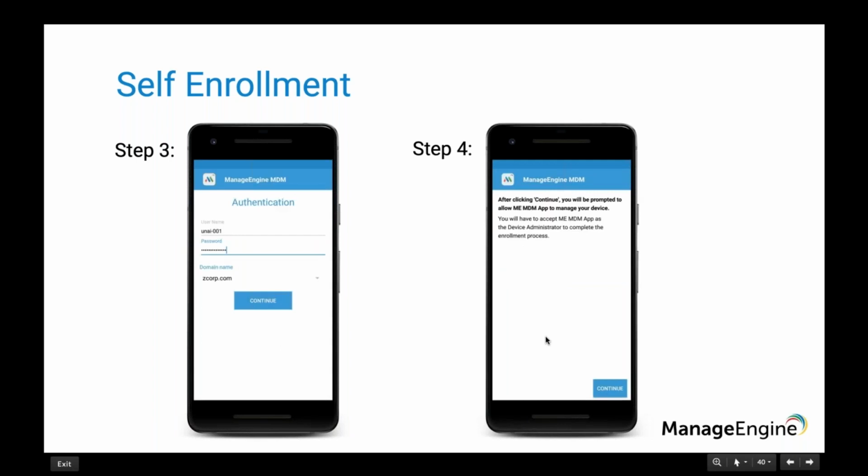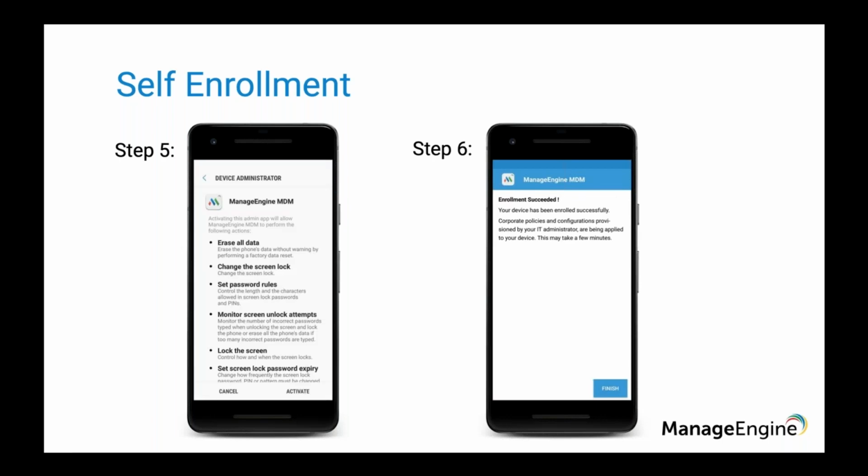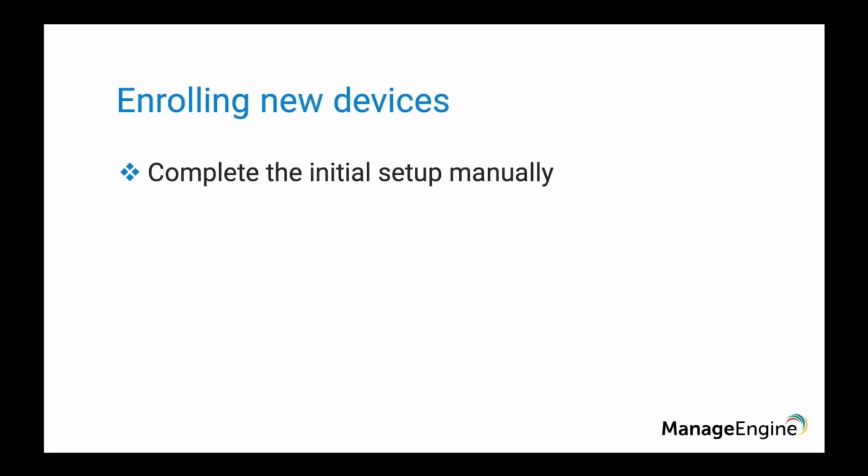Once that is done, you provide your authentication details, your username and password that are synced with the AD system. Then you'd have to go through these steps, activate the MDM as the device administrator, and then complete the enrollment process itself. So this would automatically complete your enrollment steps.